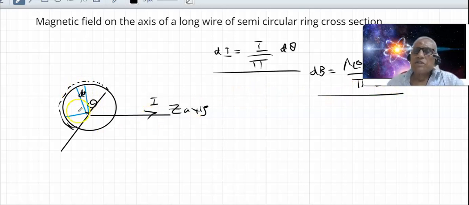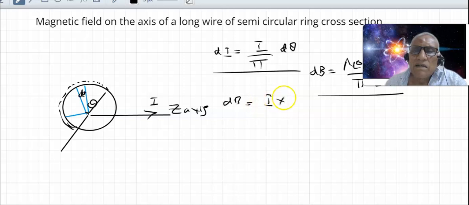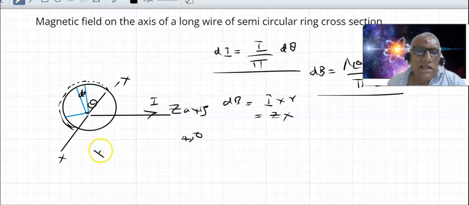Now we can see that, for example, if we take a strip which is at an angle of 45 degrees, we know the direction of the magnetic field from the Biot-Savart law is the direction of the current cross R. In this case the direction of the current is Z cross R. Now if I take a 45-degree angle, this we are taking as X, and this is minus X. So the semicircular ring is in the XY plane.